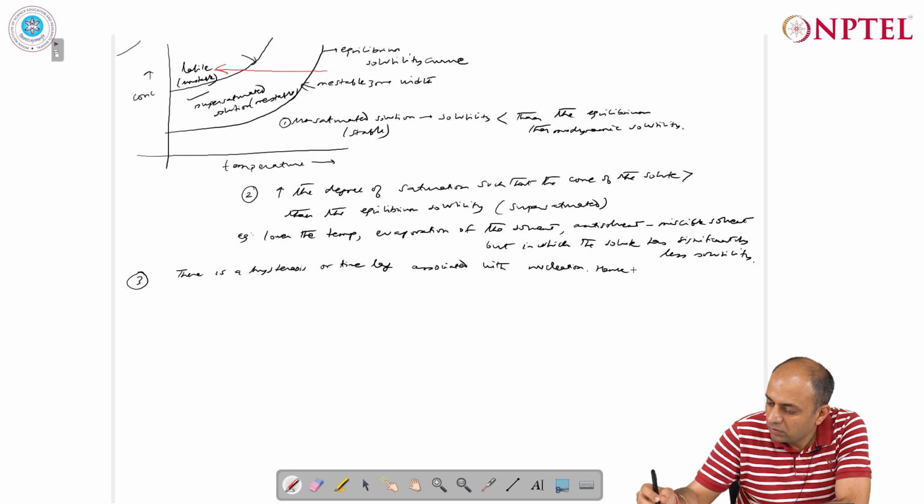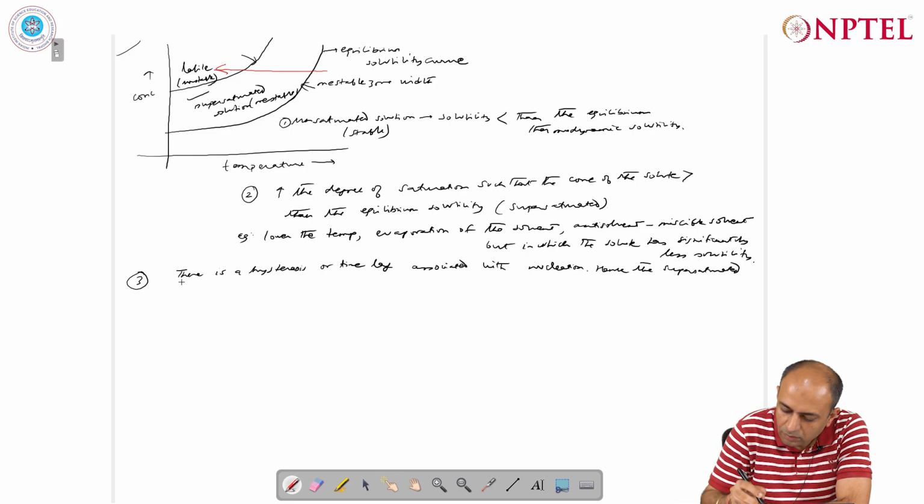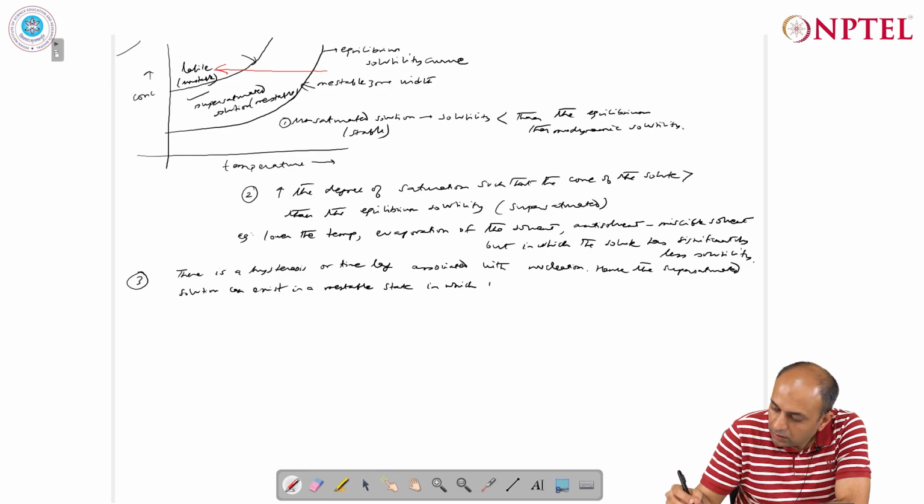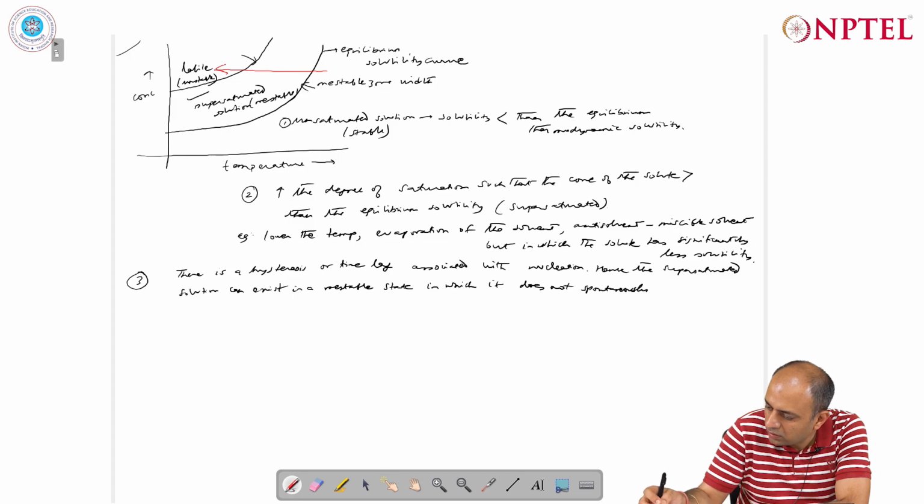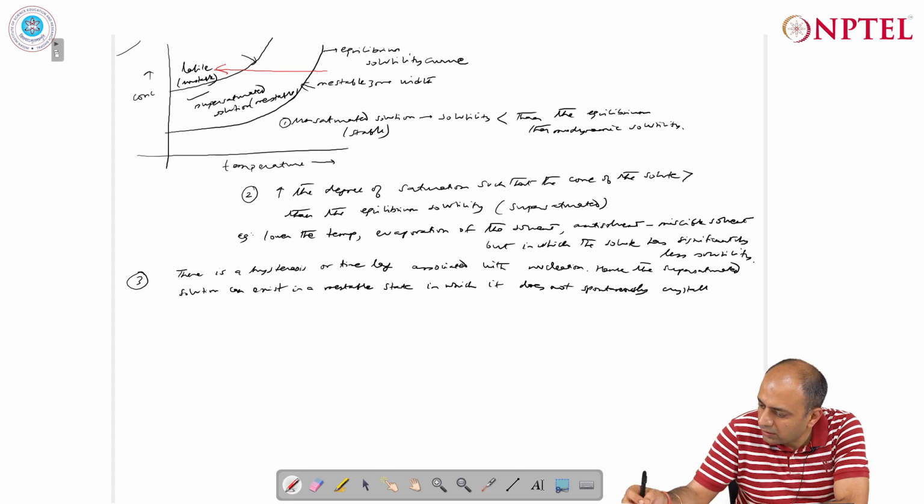Hence, the supersaturated solution can exist in a metastable state in which it does not spontaneously crystallize.